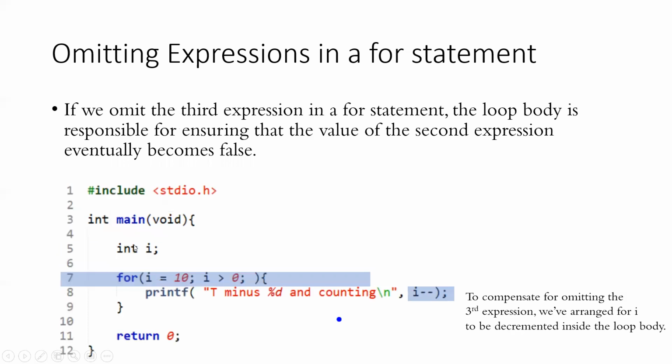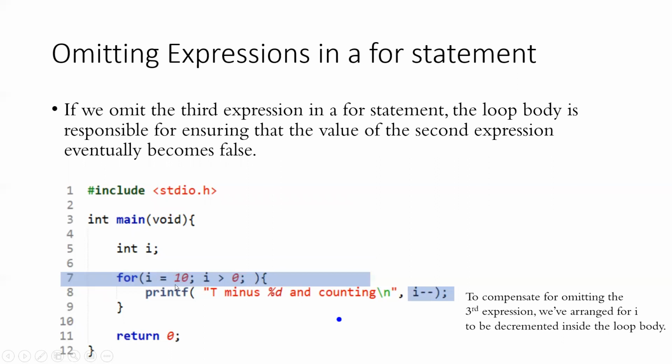Okay. We can also omit the third expression. If we omit the third expression in a for statement, the loop body must ensure that the value of the second expression eventually becomes false. Remember that the third expression in a for loop is the update.